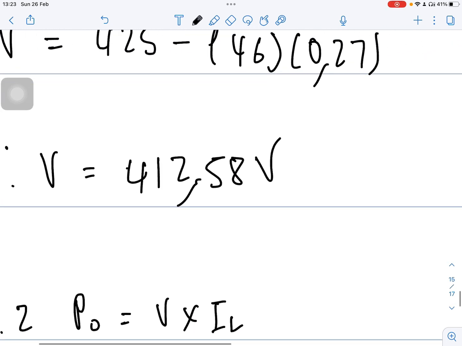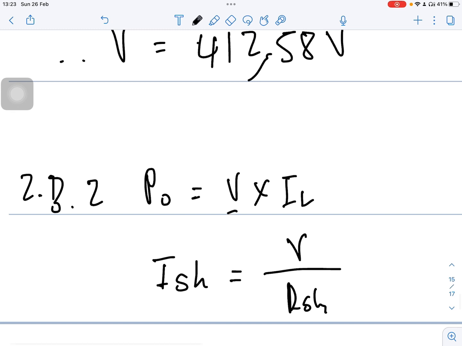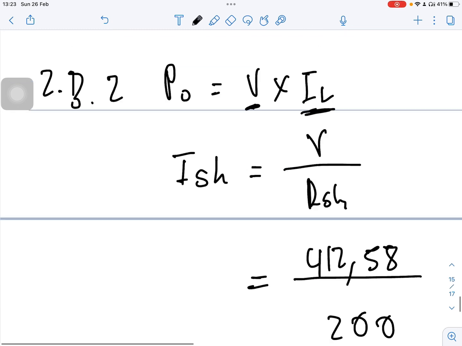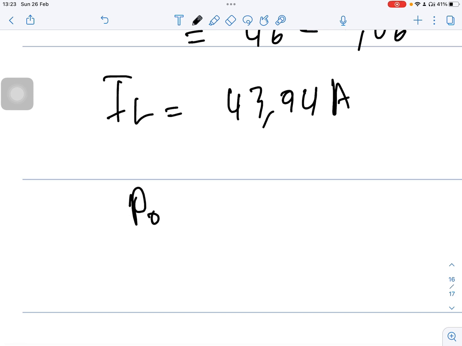That's the current that is flowing to the load. Now I have V, I have I load. Now I can calculate the power out using this formula, V times I_L. V times I_L belongs to output, because the output of a generator is electrical.